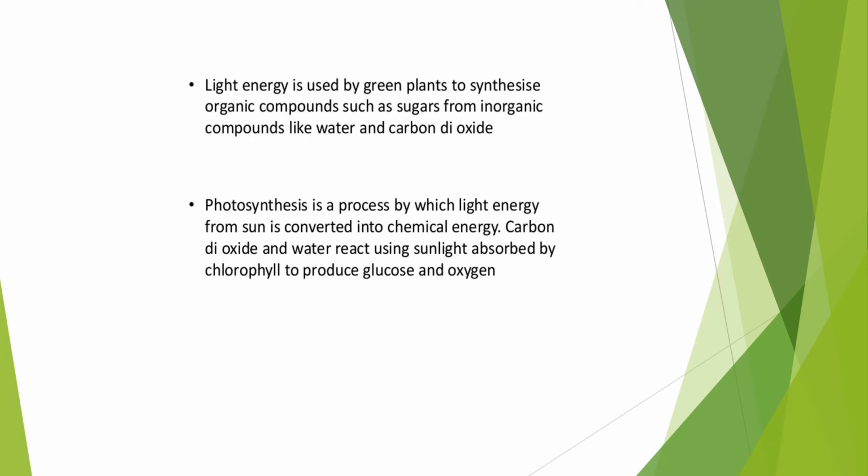In the presence of carbon dioxide and water, by absorbing sunlight, the chlorophyll can produce an organic product, that is glucose, and oxygen is released as a byproduct, which is useful for other heterotroph organisms. Light energy is very important, because sunlight activates the process of photosynthesis.